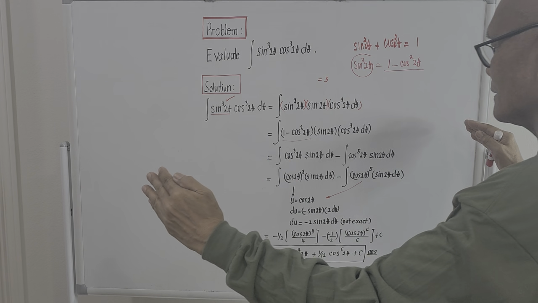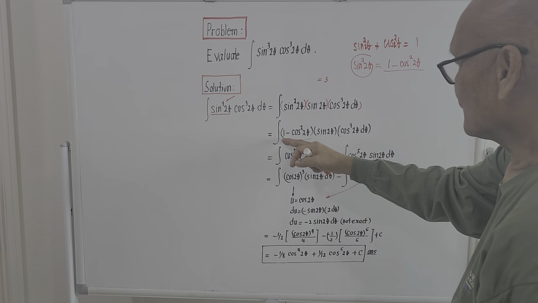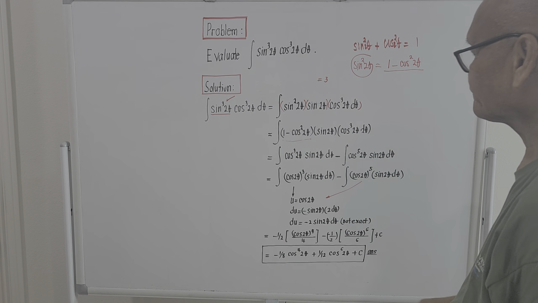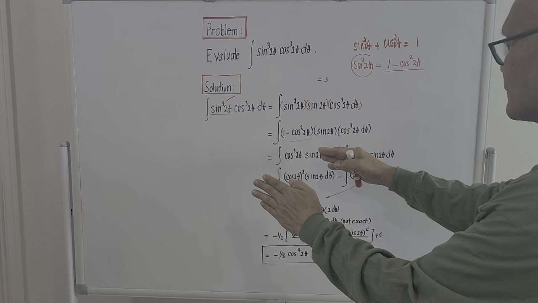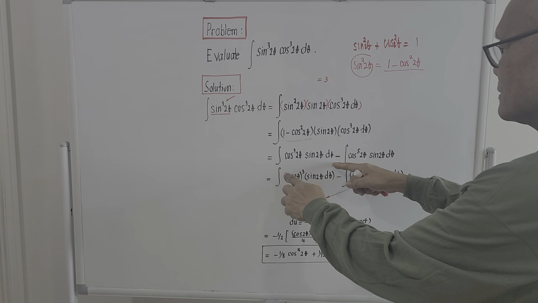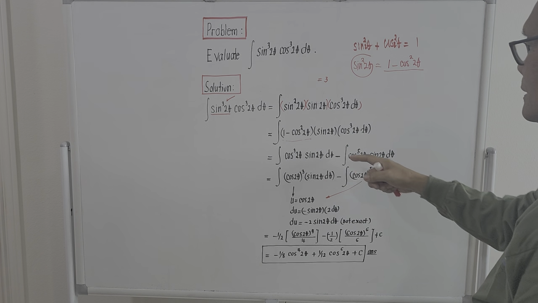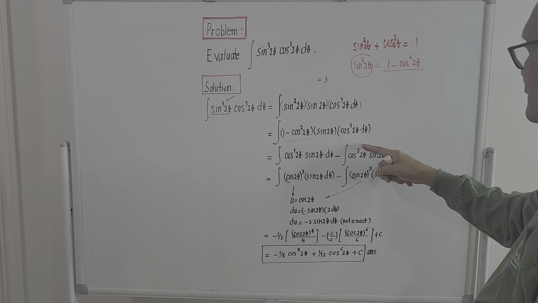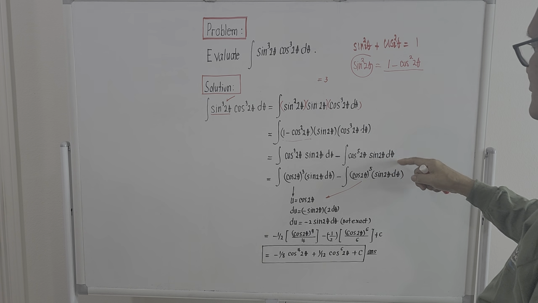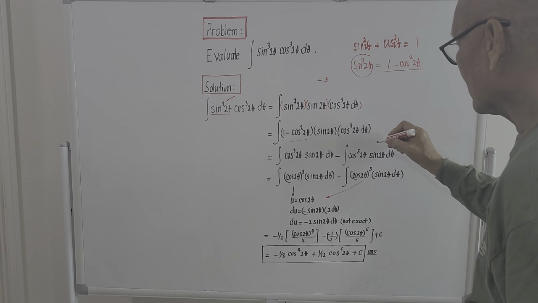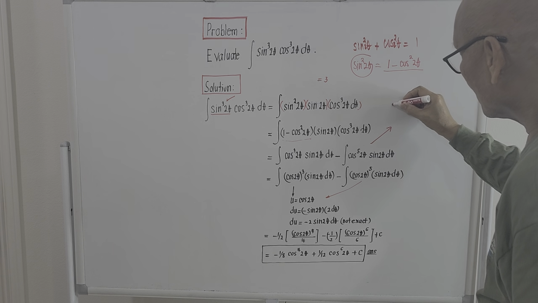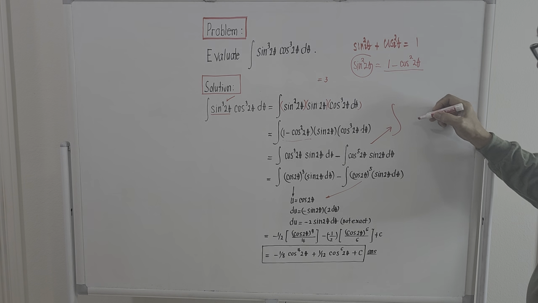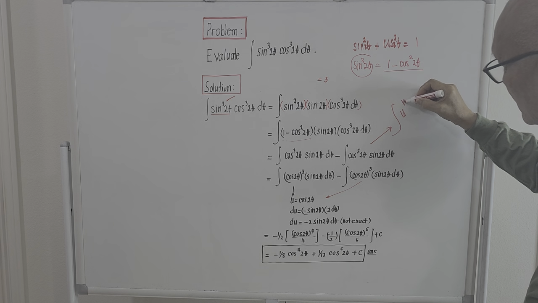Actually, I separate the integral already. So the first one, I put an integral sign. The sign of the second expansion is actually negative, so this is negative. The integral, 2 plus 3 will be 5, sine of 2 theta, differential theta. And actually, these two integrations here fall under the integral of u to the n du.